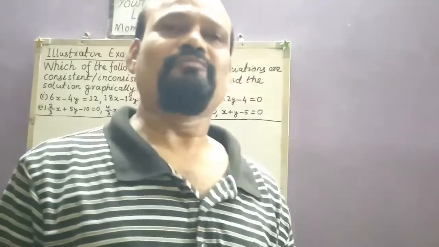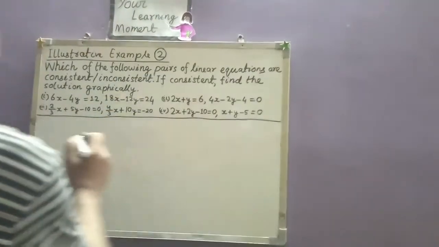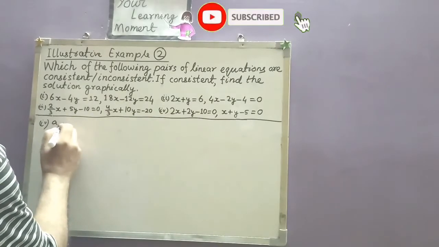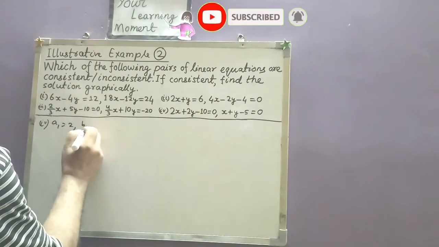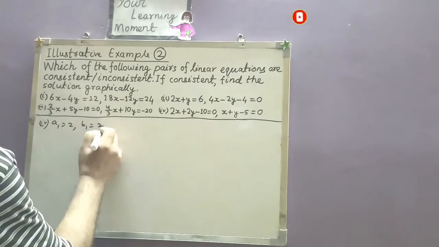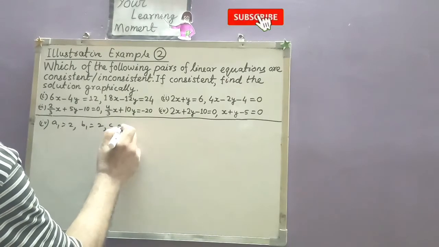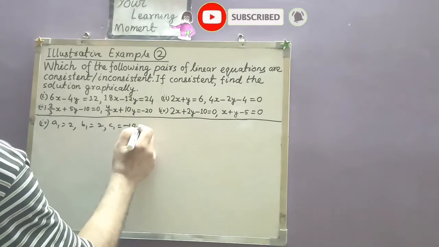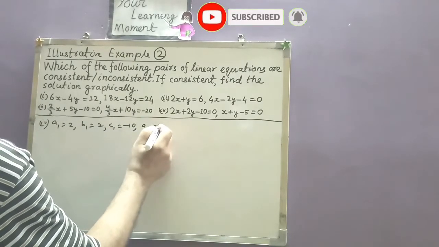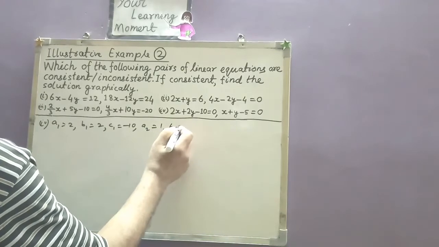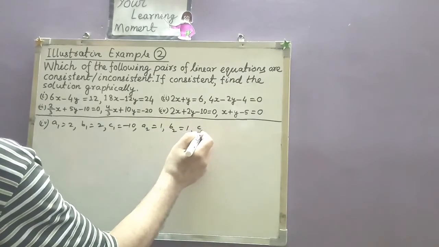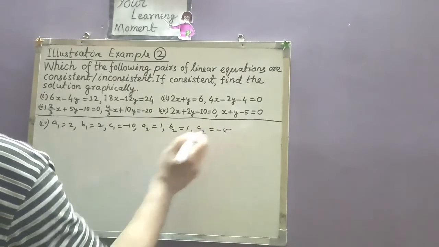Now come the fourth part of this question. Here a1 equal to 2, b1 equal to 2, c1 equal to minus 10, a2 equal to 1, b2 equal to 1 and c2 equal to minus 5.